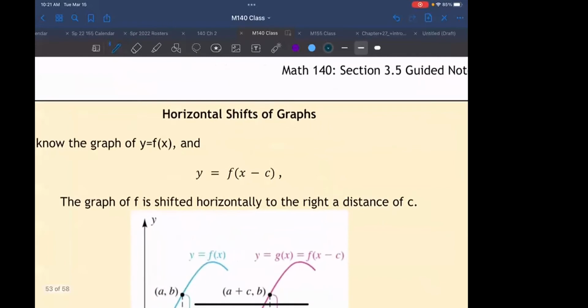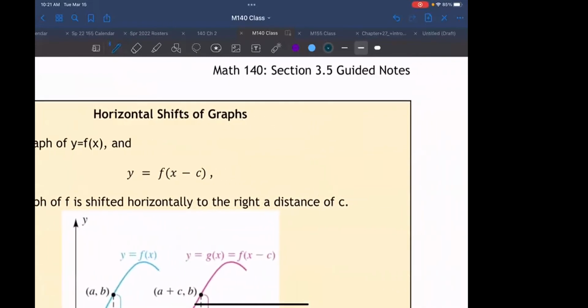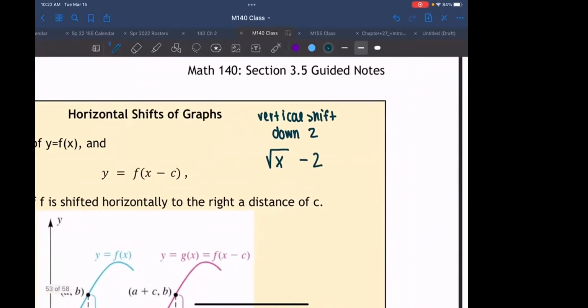Okay, so in our last example, we did a vertical shift down 2, and I said it would look like this. Let me show you a horizontal shift.